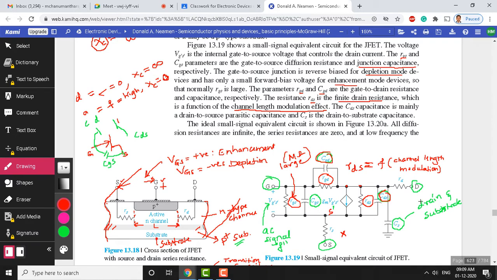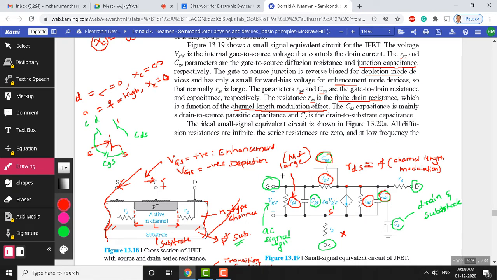Though we have shown many capacitances and many resistances, you can count the number of resistances that we have identified within this actual JFET device. Most of these resistances and capacitances are negligible, because their values are going to be very, very small.